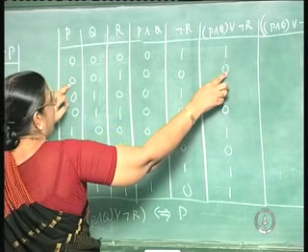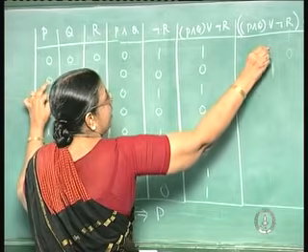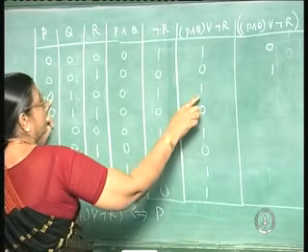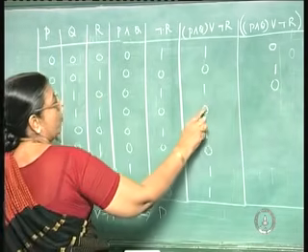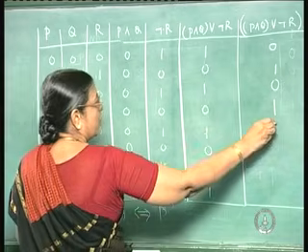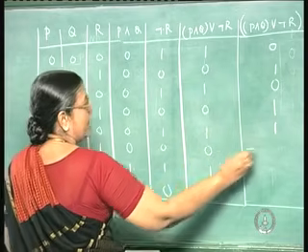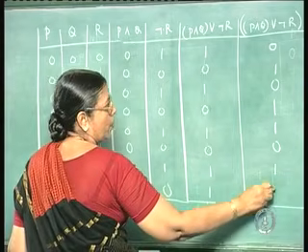When they are the same, it is true. Here 0 0 it is true, but here it is 0 and 1, so it is false. 0 and 1 it is false, 0 and 0 it is true, 1 and 1 it is true, 0 and 1 it is false, 1 and 1, 1 and 1 true.